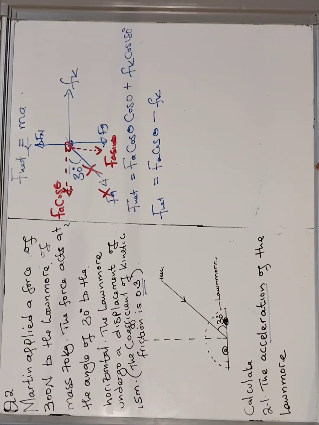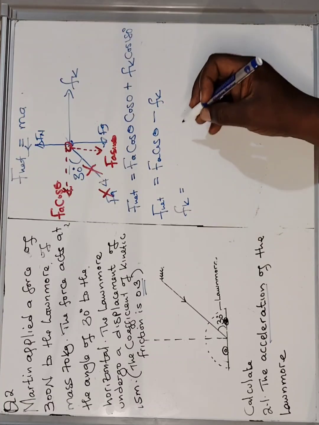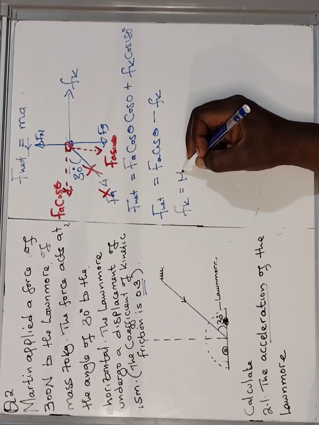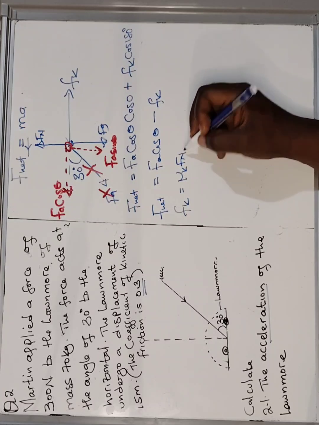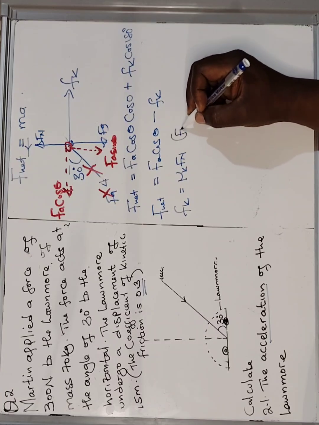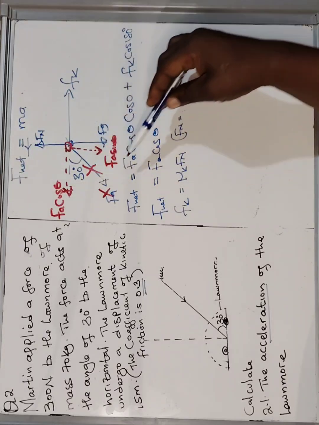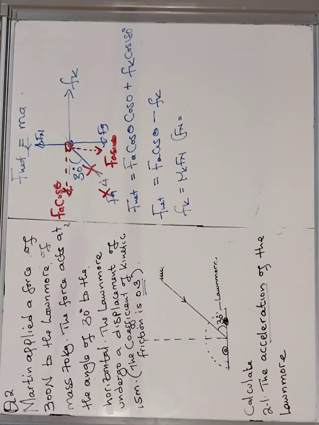Okay, so we know Fa, we know theta. What is our problem now? Our problem is Fk. So how do you find Fk? You have to remember that Fk is equal to mu k Fn. So what is our Fn? Remember that vertically this body is in equilibrium. It is neither going up nor going down.